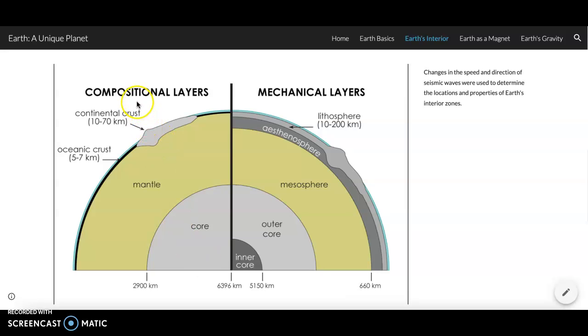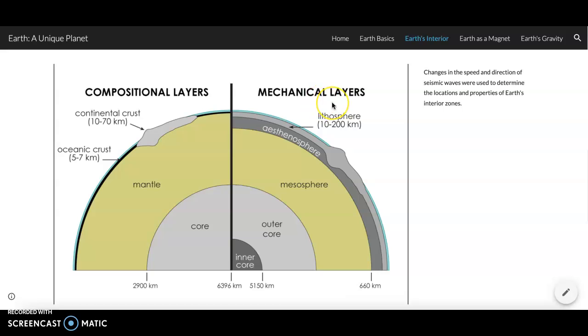So this is all based on chemistry, what the composition is of the layers. This composition is iron and nickel. This composition is a denser material somewhere between the lighter silica and the iron and nickel. And then the outer layers tend to be a silica rock. Okay, so that's one way to count the Earth, 3 layers deep, if we're counting composition.